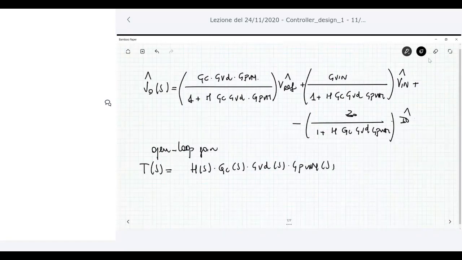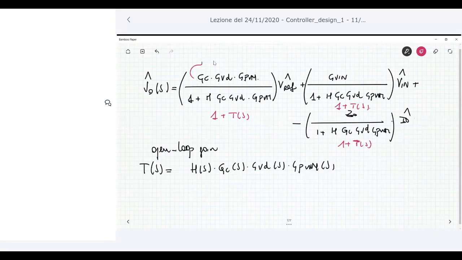As you can see, the denominator is 1 plus T, and we can replace it by this open loop gain.